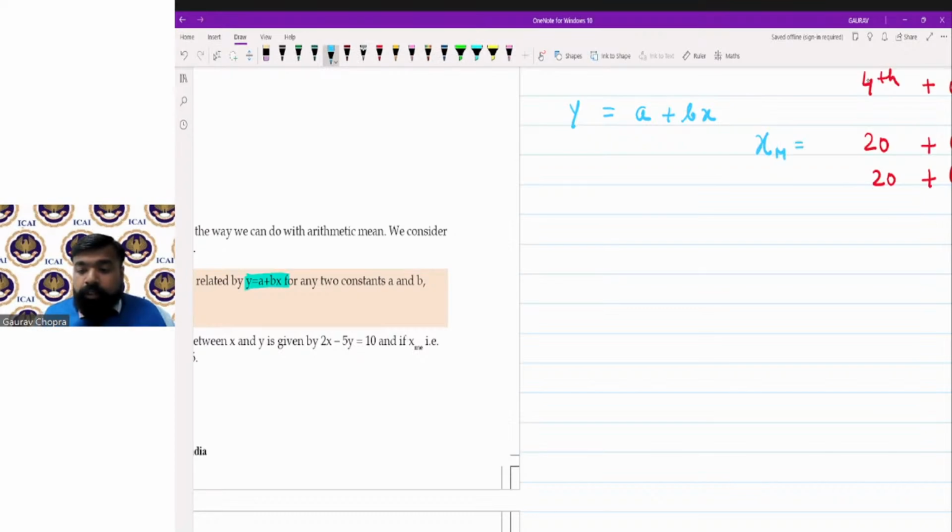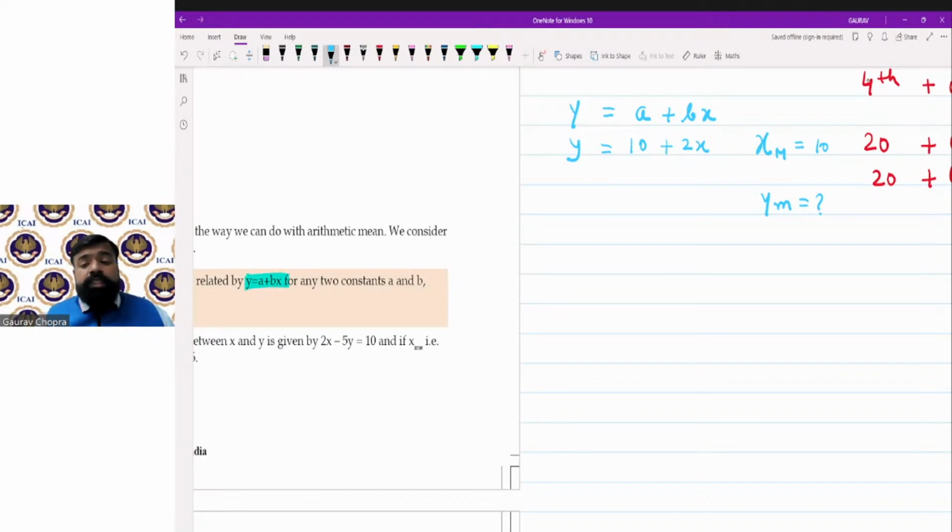Let's say the median of x is 10, and the equation is y equal to 10 plus 2x. So what will be the median for y?